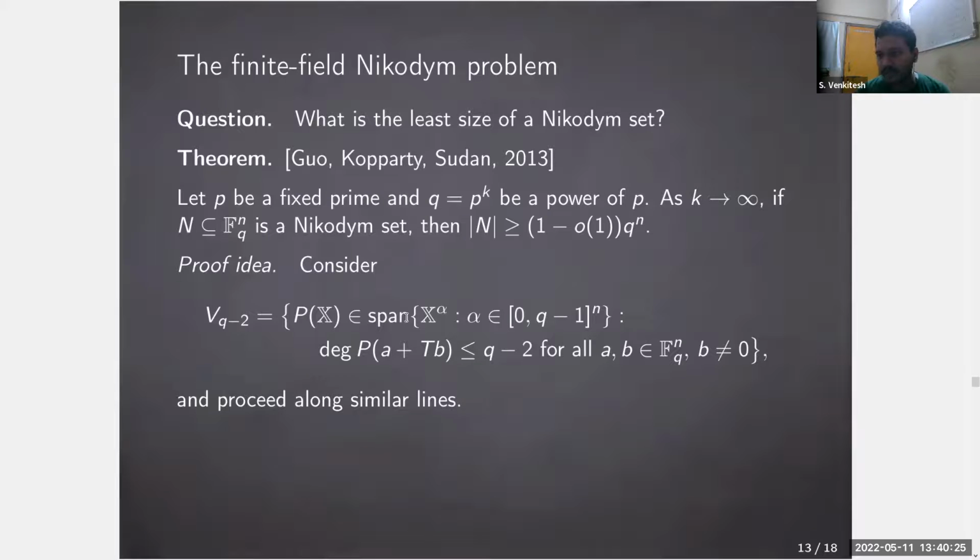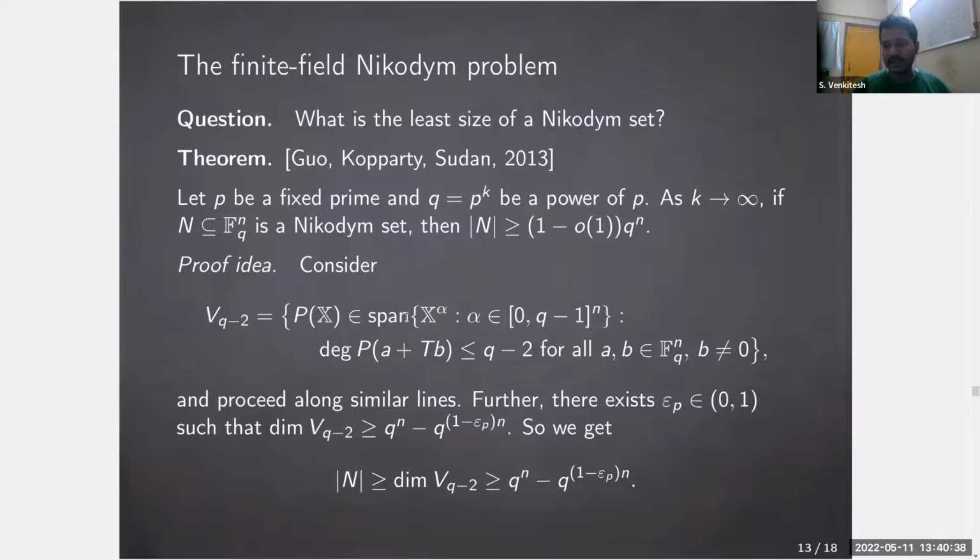That gives us a sharper bound. So the proof is again very similar, but we work with this vector space, which has a larger dimension. How large? We can show that there is an epsilon, dependent on p, and that's where the restriction comes from, between 0 and 1, so that the dimension is as large as q to the n minus q to the 1 minus epsilon times n.